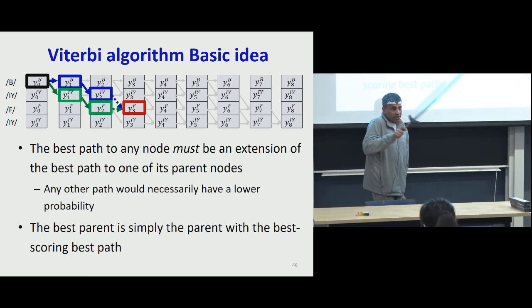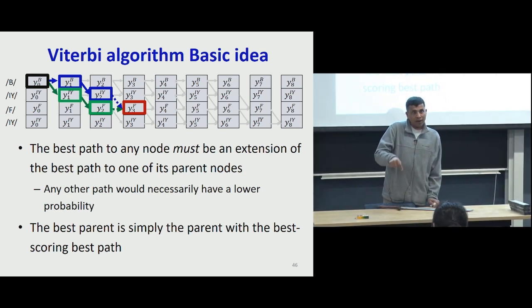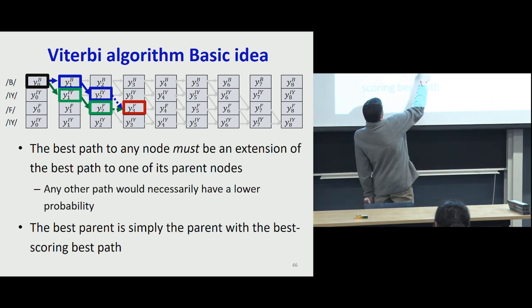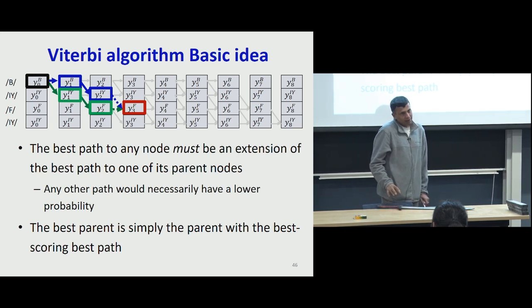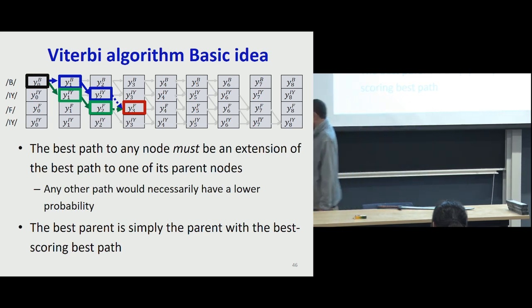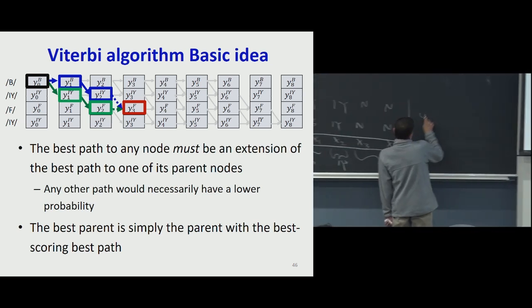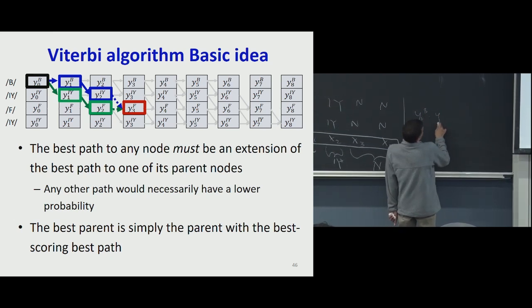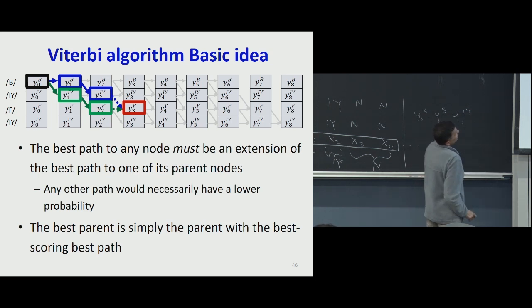And if I assume that I already know the best path to each of these 2 parents, then the best path from the source to this guy has to be an extension of one of these best 2 paths, right? So basically, it's either going to be y0b, y1b, y2e, and y3f.